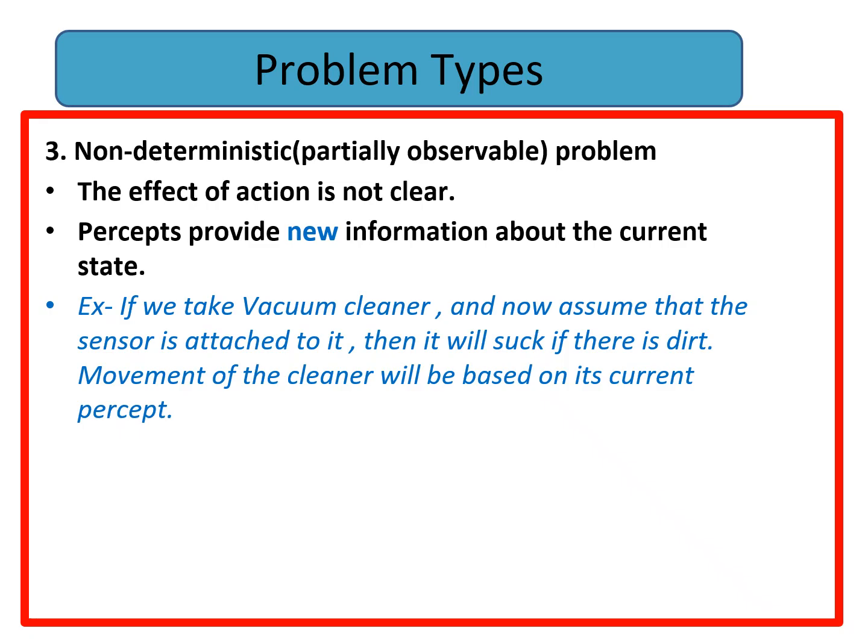The agent can observe only part of the environment, so it can observe some information through sensors, but not everything. Uncertainty comes in, as the result of an action may vary.